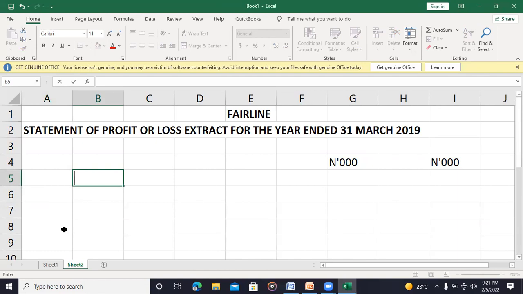I don't think we have cost of sales, so we don't have any gross profit. So we move over to costs. What costs have you seen in the question? What costs will reflect in our profit or loss because of what is in the question?